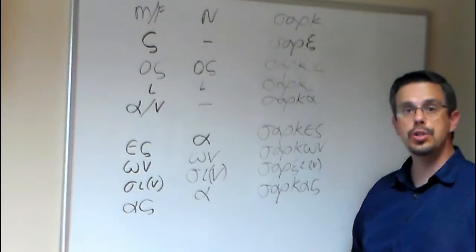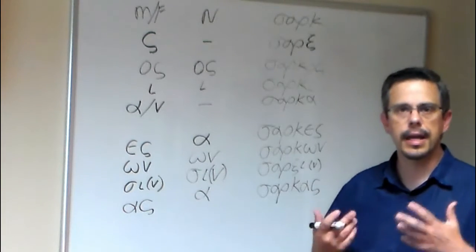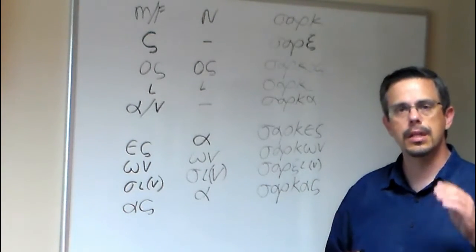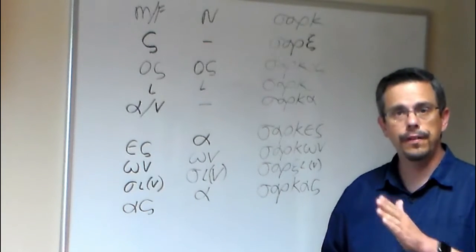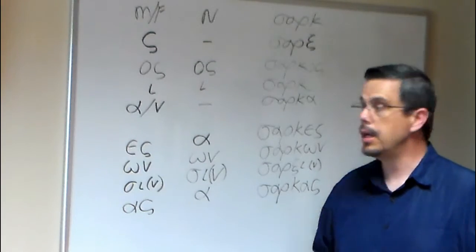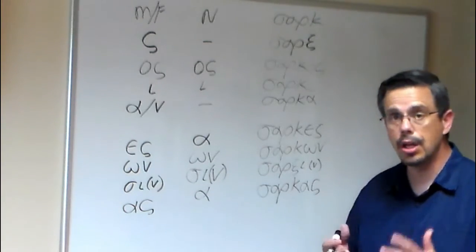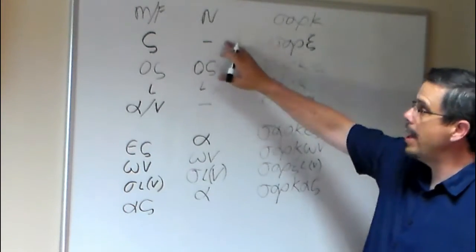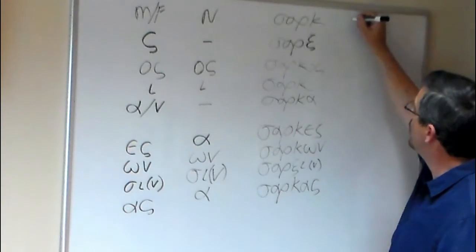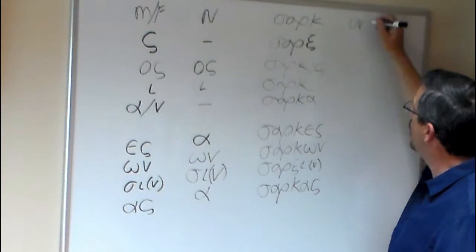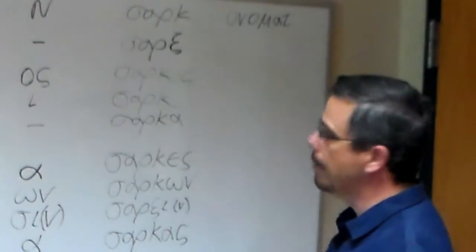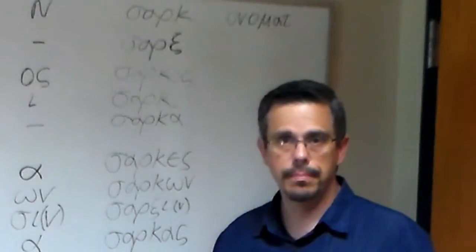Now let's do a neuter. We're going to come across a type of neuter word that shows up fairly often, and it ends in a stem that ends in mu, alpha, tau, the mat ending. We see similar changes happening in all of these. Now we have no ending here, but a stem. I'm going to put the stem up here. Onomat.